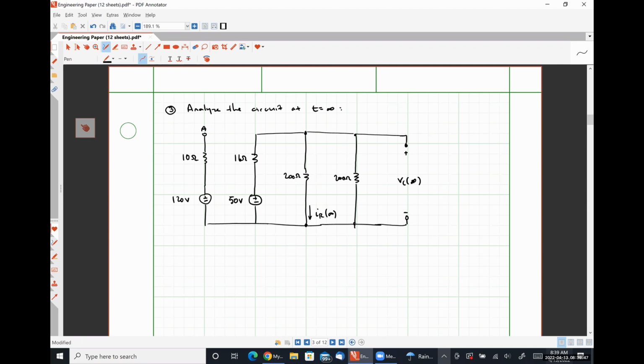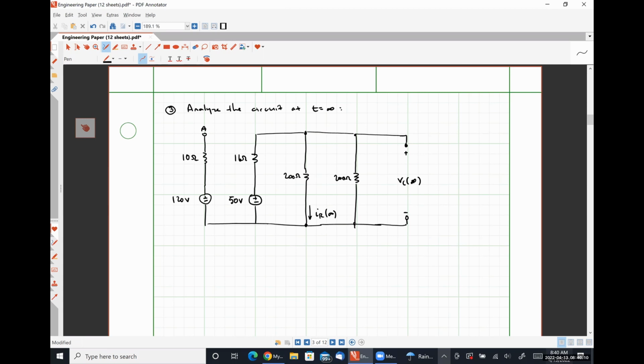So that's a very reasonable thing to do. We can use voltage division to get the value of the capacitor voltage at infinity. To do that properly, though, we do have to recognize that we're taking the voltage drop over those two 200 ohm resistors in parallel, but that's absolutely a way that we can go.